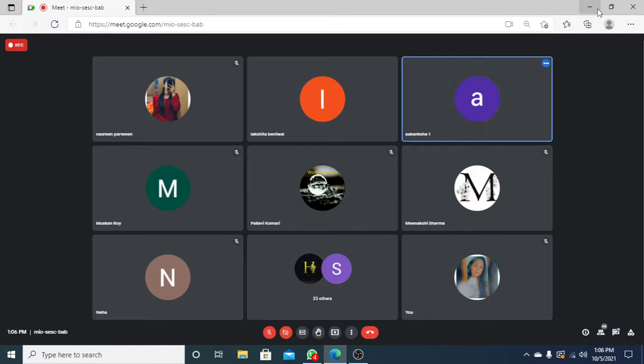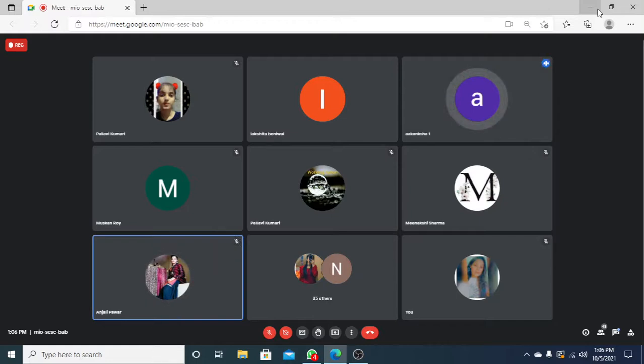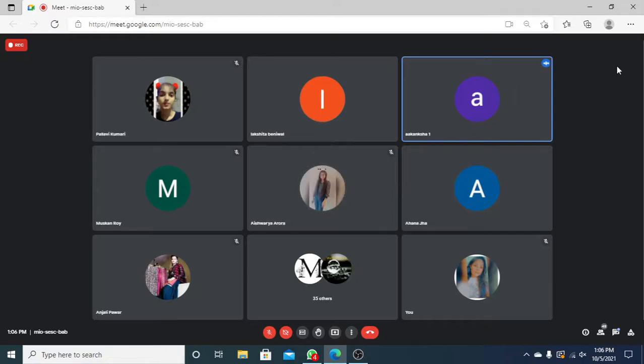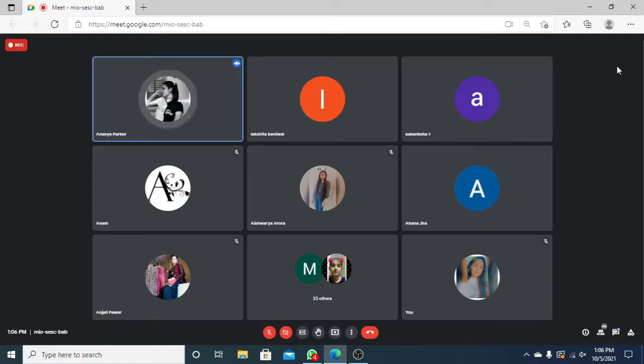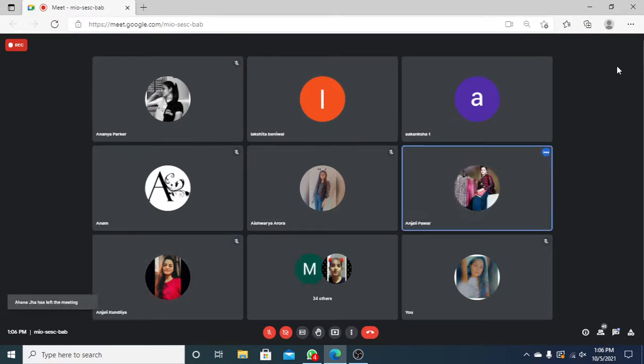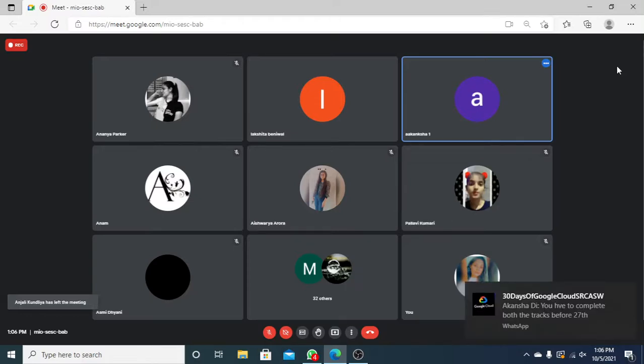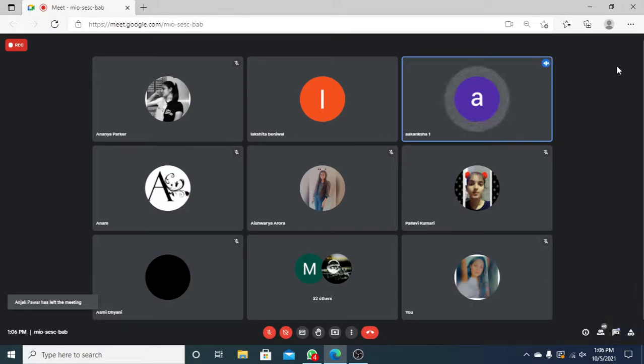Akriti, ma'am, she is present. Ahana, present, ma'am. Aishwarya, ma'am. Anam, present, ma'am. Ananya, present, ma'am. Anjali, present, ma'am. Anjali Pawar, present, ma'am. Anshika. Asmi. Astha Singh, present.